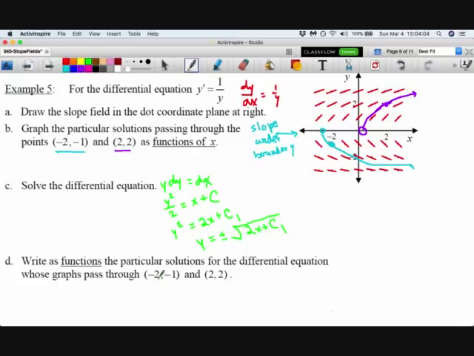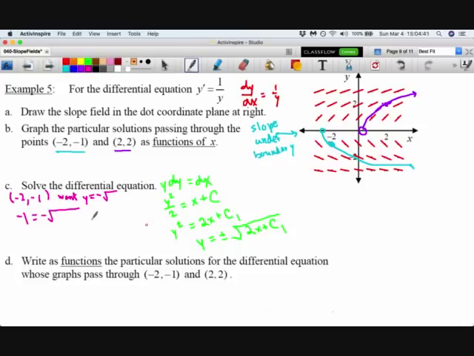So which one will we choose for -2, -1? I will choose based on the y value. I'll choose the negative square root. So for -2, -1, we want y equals negative root. So -1 equals negative root.